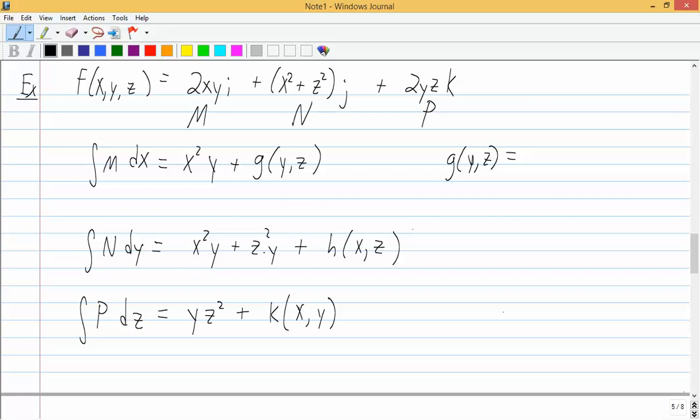So g of yz is equal to yz squared plus k. What's h of xz equal to? Is there an extra function of xz anywhere in here? Is there a function of xz? No, there's not. So it's just k. And then we have k of xy.